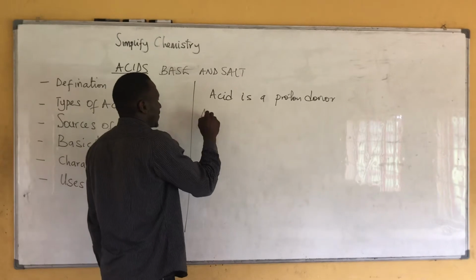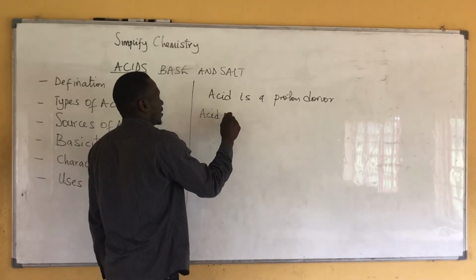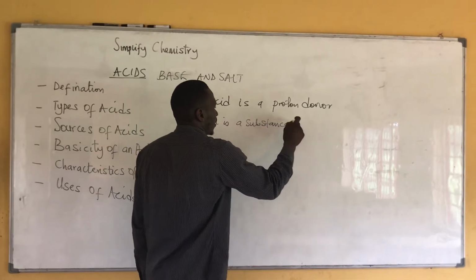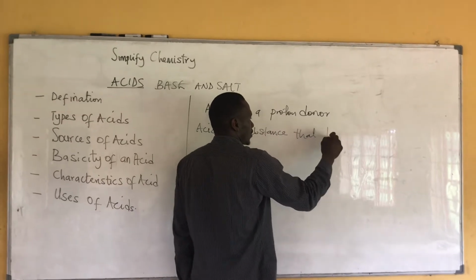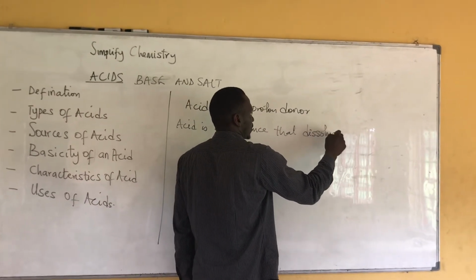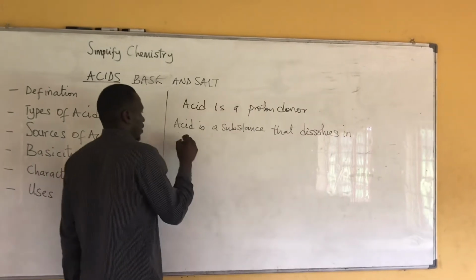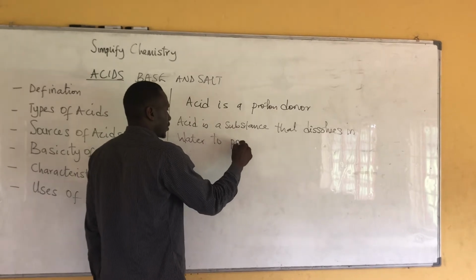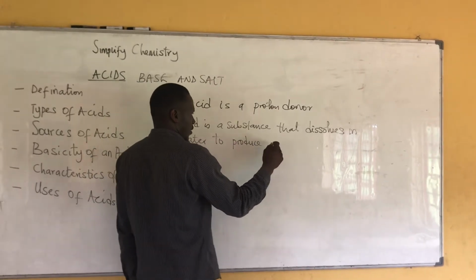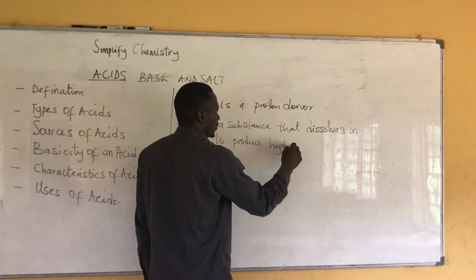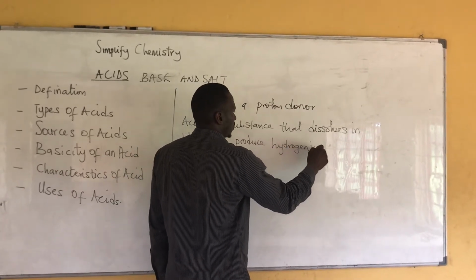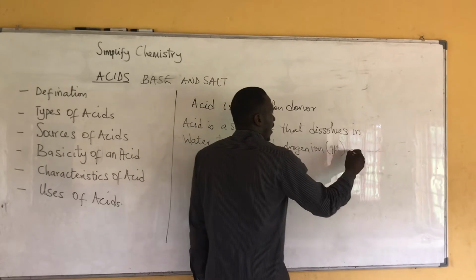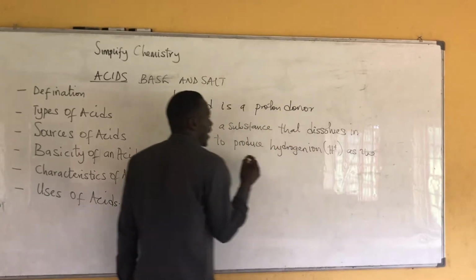Also, an acid can be defined as a substance that dissolves in water to produce hydrogen ion, that's a proton, as the only positive ion.